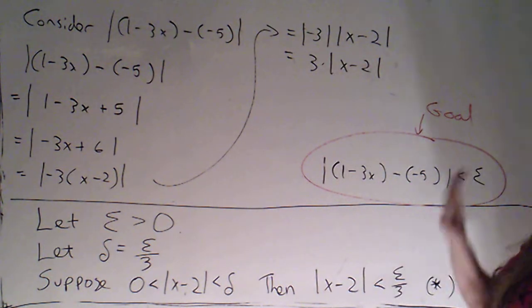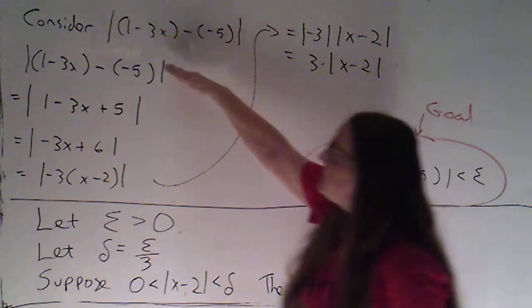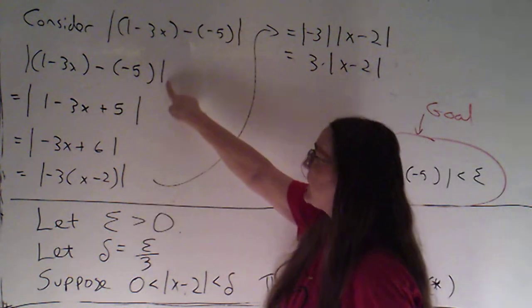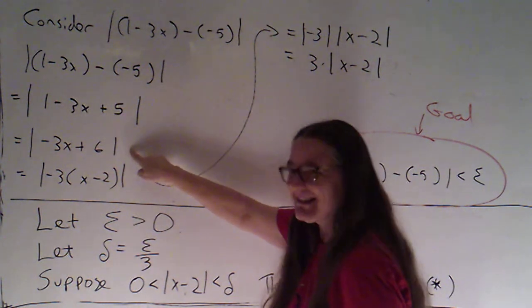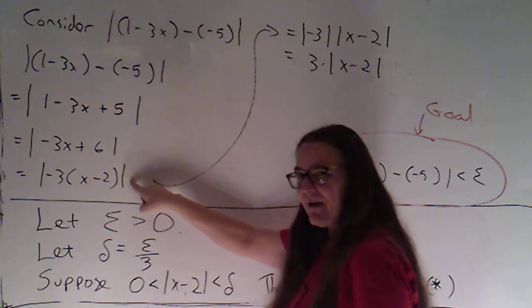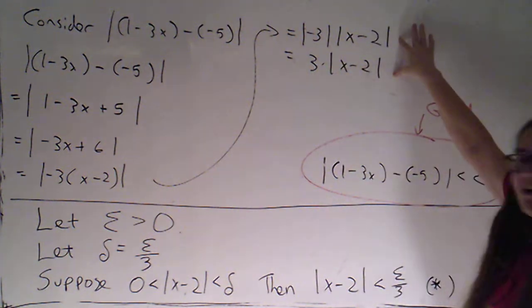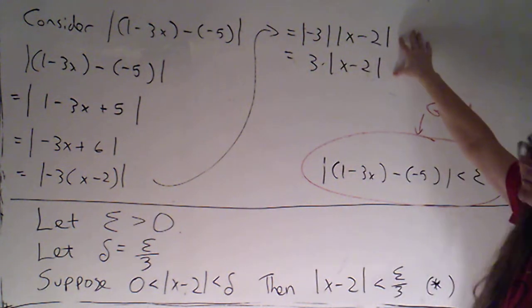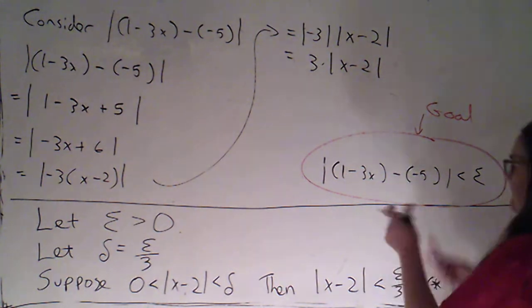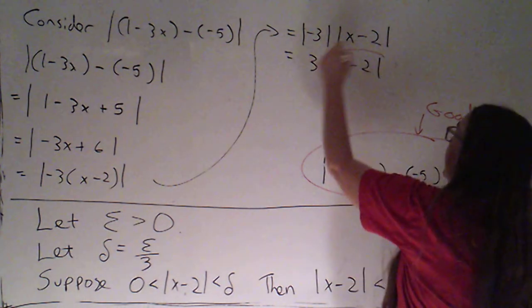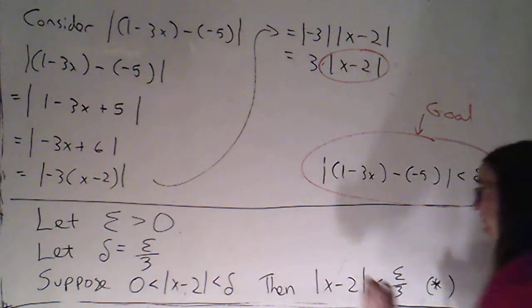Now, everything that we've done so far has involved equality. So I was talking about this, and I'm still talking about that same thing. But now, I'm going to say, oh, but I know something about that part of it.